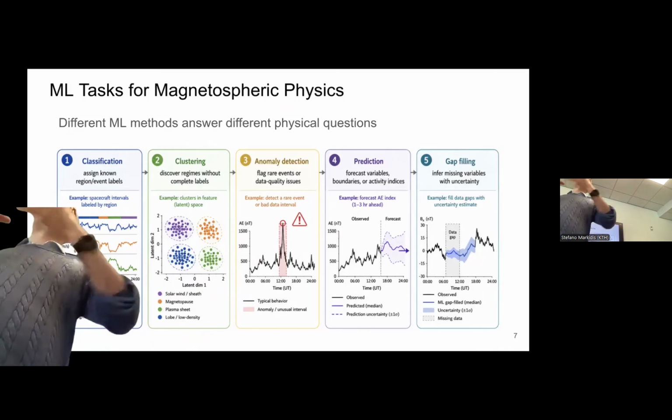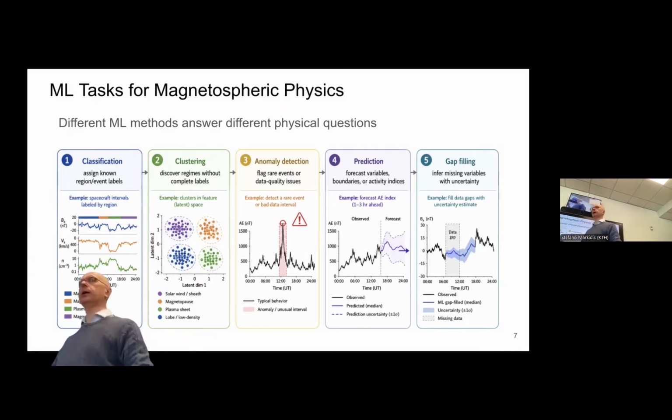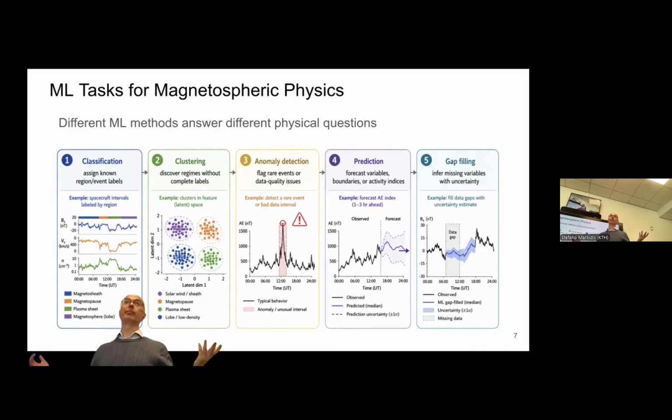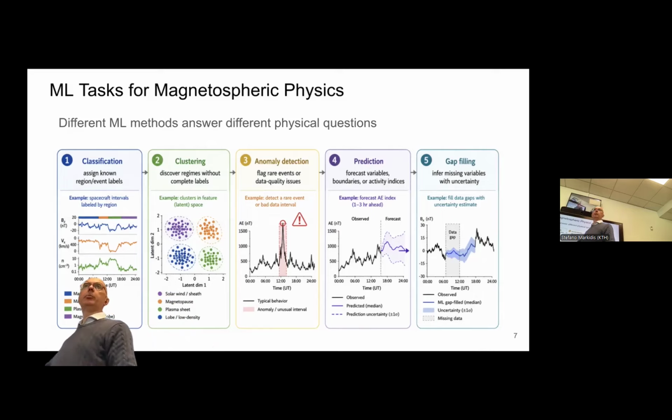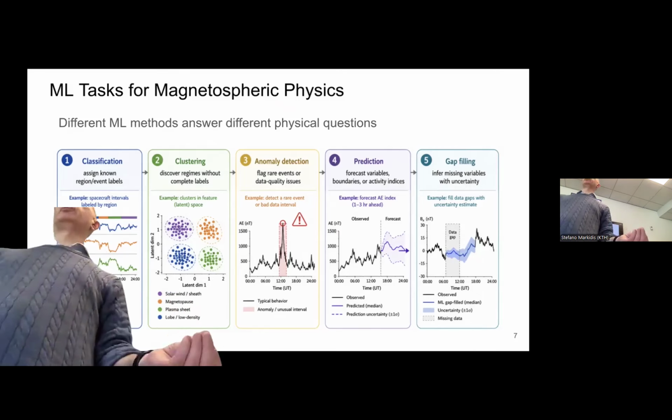So you have this algorithm, and then it is your task to go back and understand what each cluster actually means, because the method itself is just doing the clustering for you.